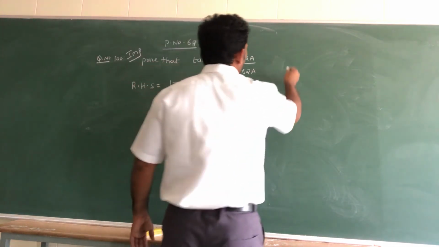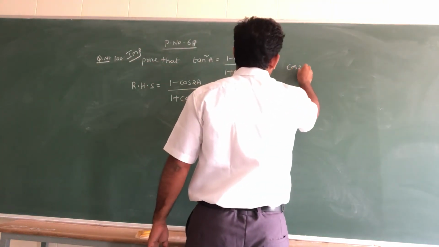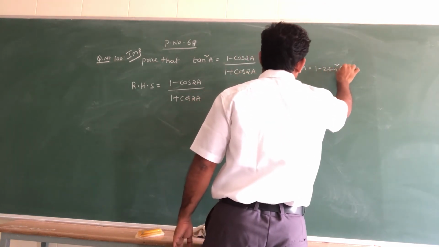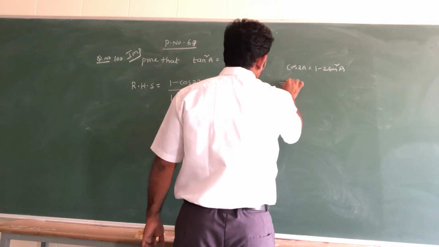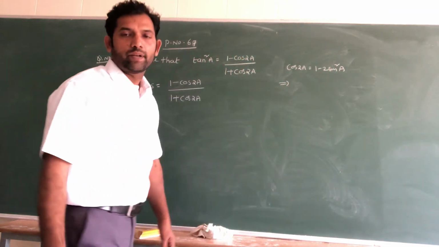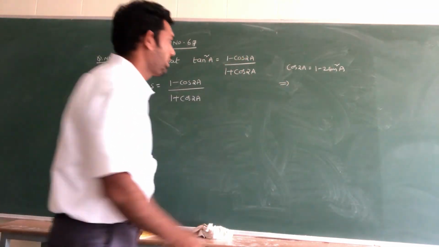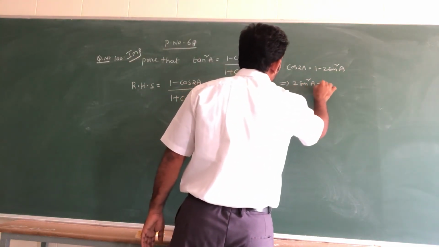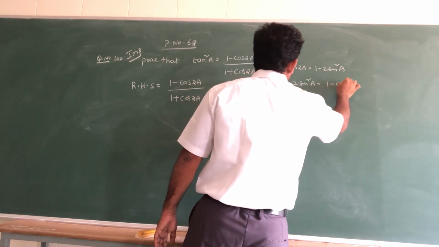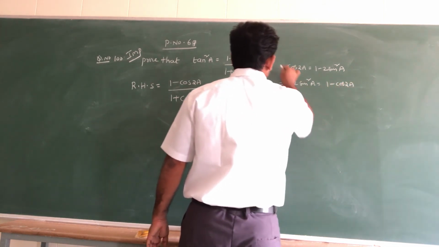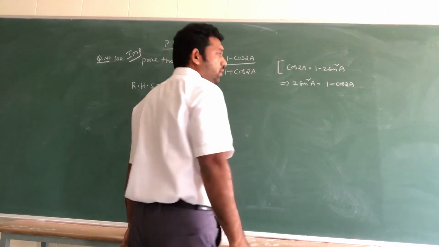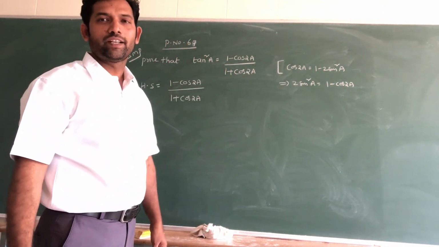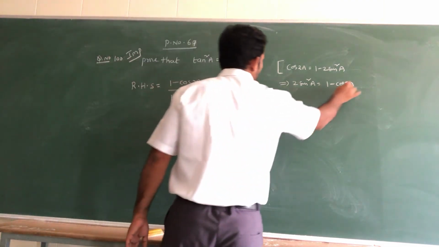Cos 2A equals 1 minus 2 sin square A. From this formula I am writing 2 sin square A. So 1 minus cos 2A is 2 sin square A. This is one formula.